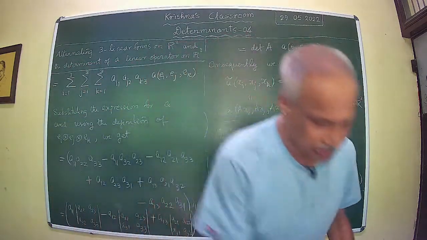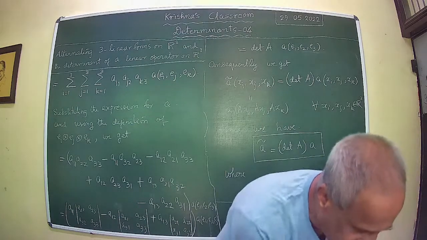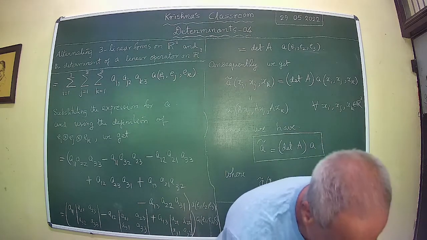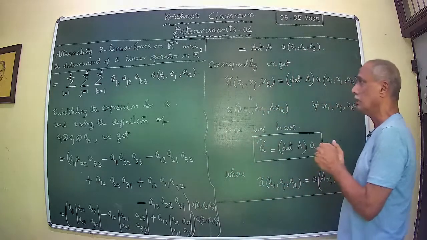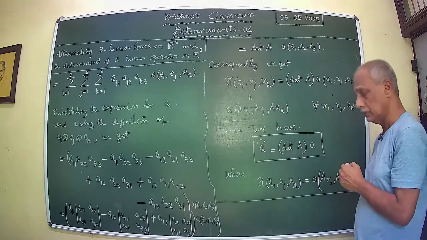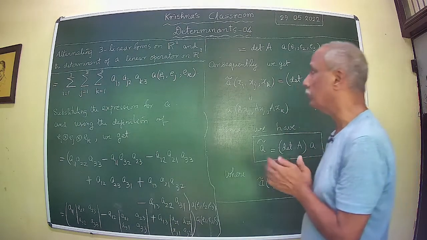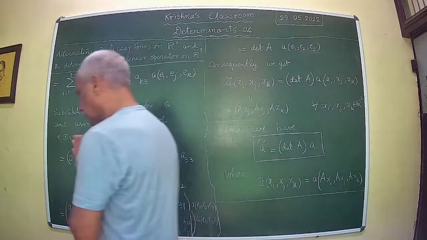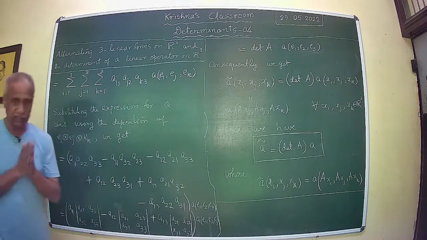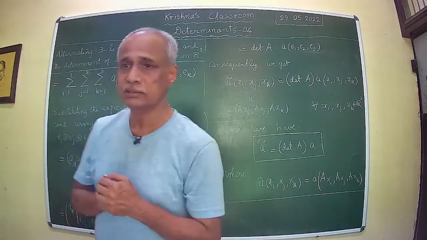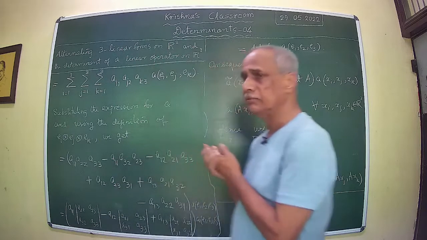So the systematic procedure is that you explore, in this case, the space of all 3 linear forms on R3. Show that it is a vector space of dimension 3 to the power 3.